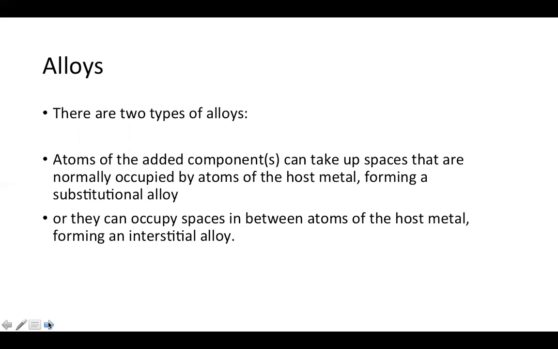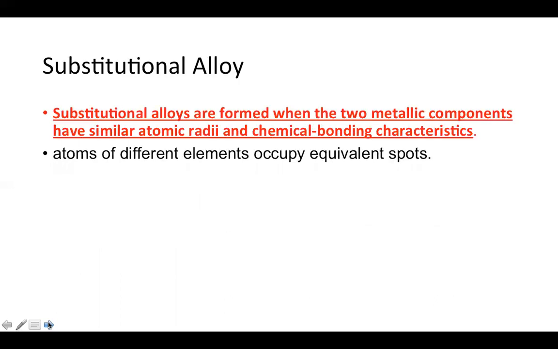The other type, an interstitial alloy, is one in which the host metal is larger than the additional atom being added in, and the additional atom fits in between the spaces of the host metal. So first, substitutional alloys are formed when the additional atoms take up equivalent spaces as the host metal.